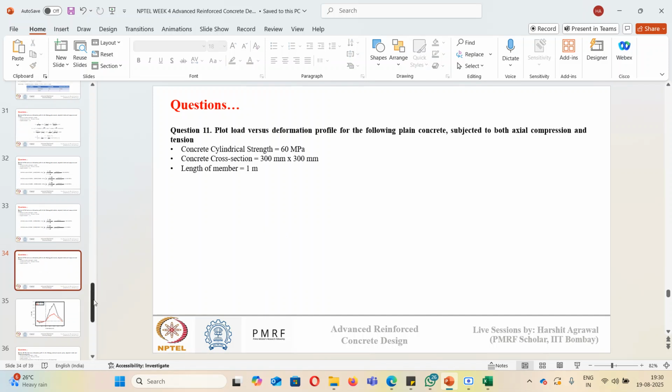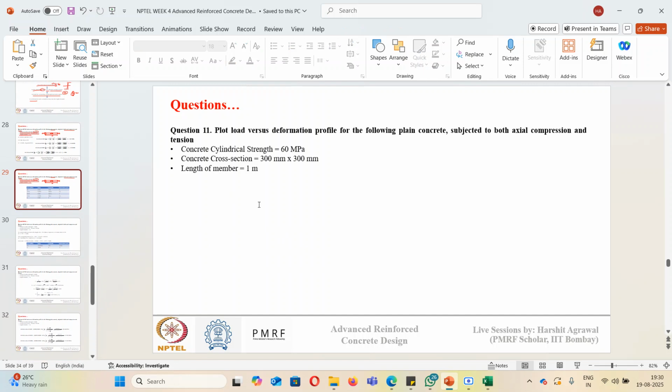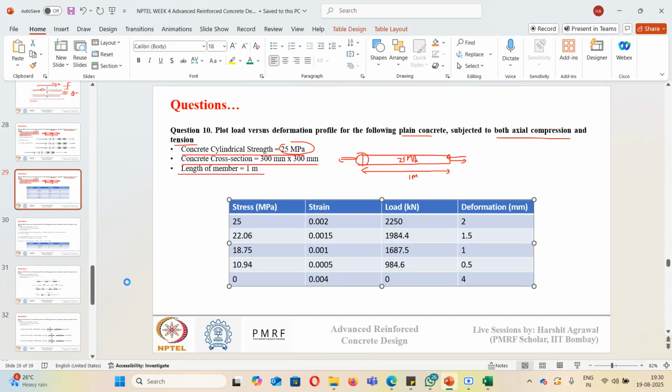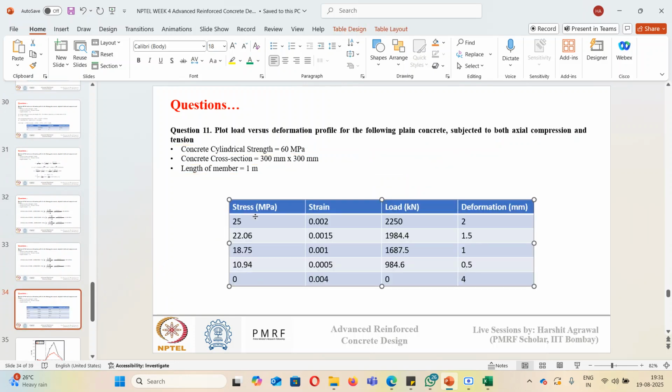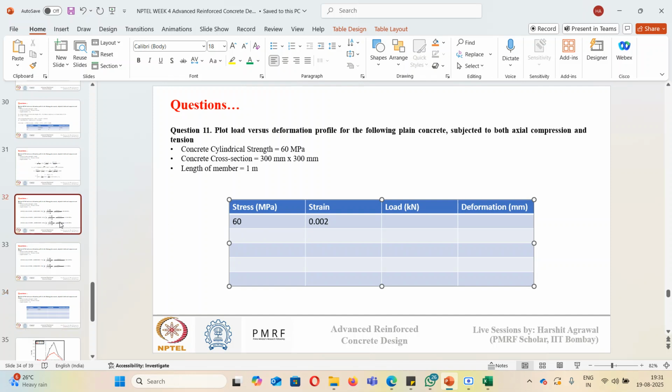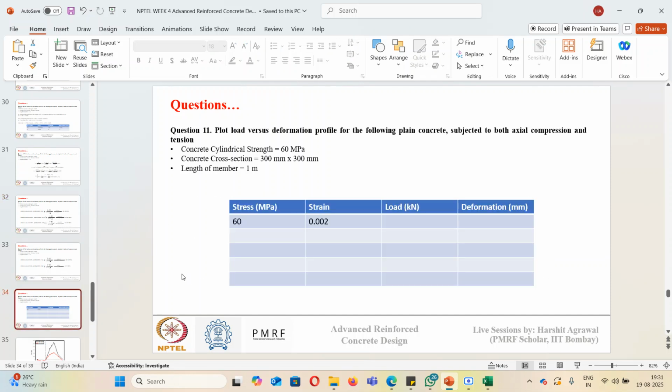I'll just copy the table from the previous question. We have stress of 60 MPa at 0.002. We got a stress of 53.83 MPa at 0.0015.